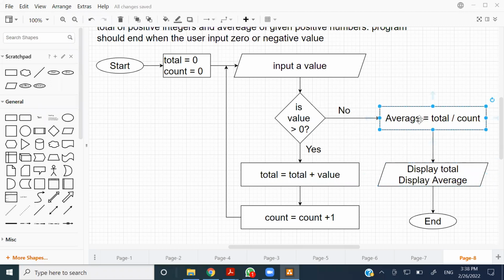Then you can calculate the total, calculate the average. Then you can display the average later, right? Okay.